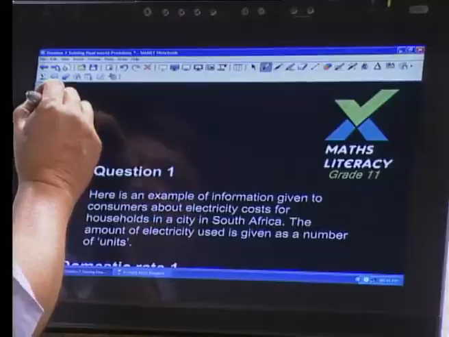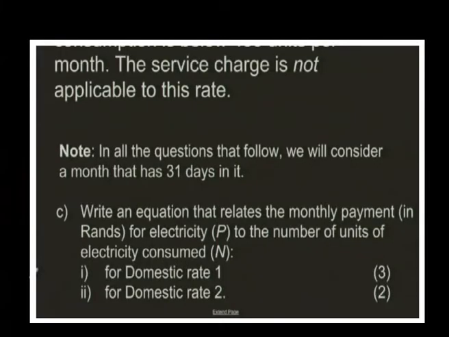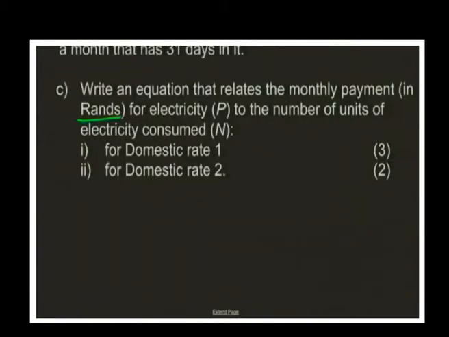And I bet that question's coming up. Let's have a look at our next question. It says, write an equation that relates the monthly payment in rands, important thing that, in rands, for electricity to the number of units of electricity consumed. Okay, so what is our cost going to be? Right, so P is going to be domestic rate 1.